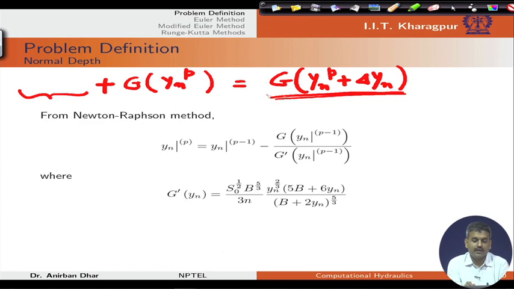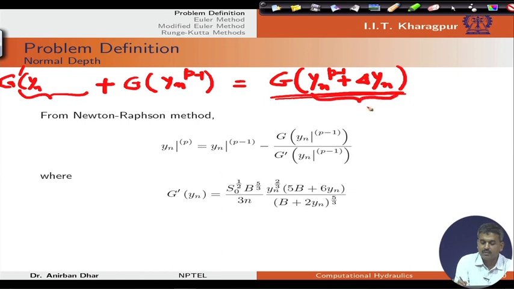So, if we expand this term, obviously we will get one term which is g prime of y n, this is with p minus 1, and we can multiply this by del y n.